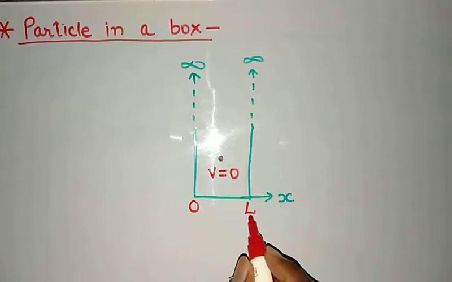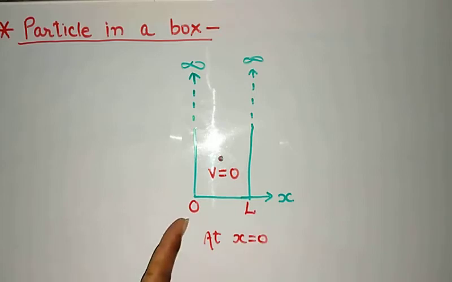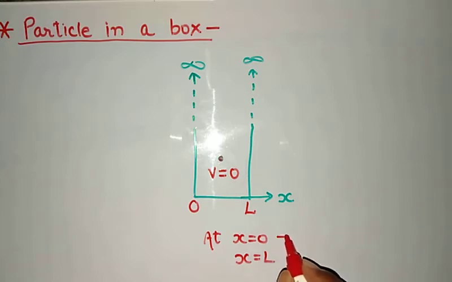So at x is equal to 0, as well as at x is equal to L, the value of potential energy is 0.